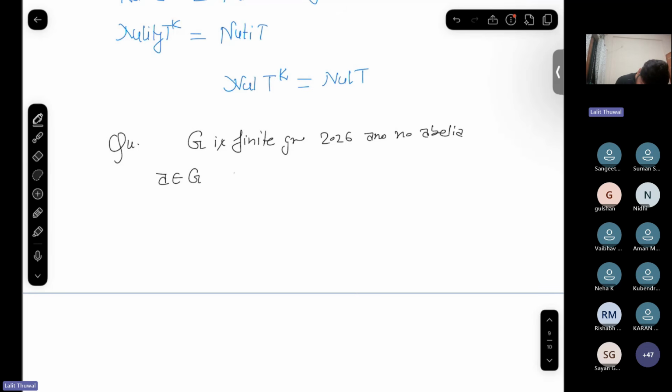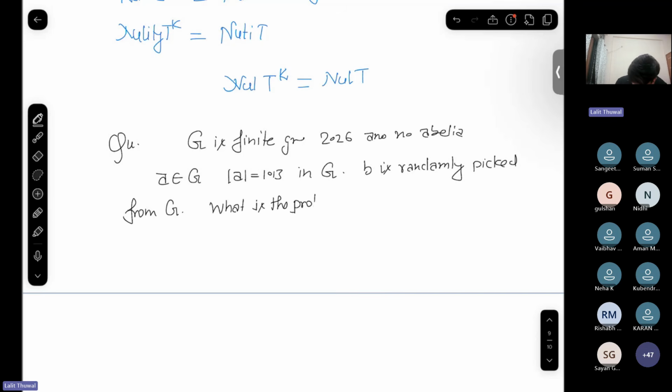Let A be a fixed element of order 103 in G. B is randomly picked from G. Then what is the probability that B will commute with A? So try to find it out.